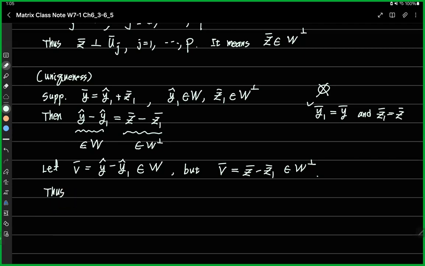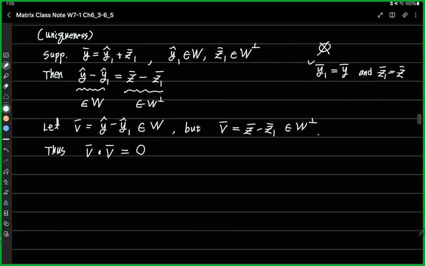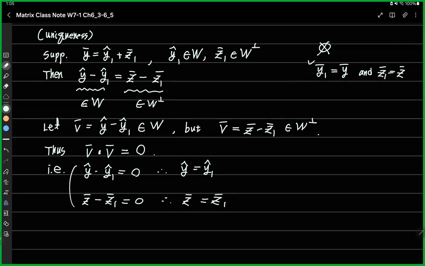Thus, V dot V must be equal to 0. So it means Y hat minus Y1 hat is equal to 0. So Y hat is equal to Y1 hat. And Z minus Z1 is equal to 0, so Z is equal to Z1. So I proved that.